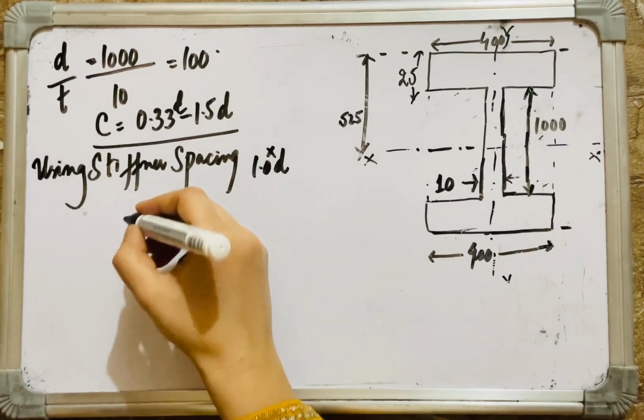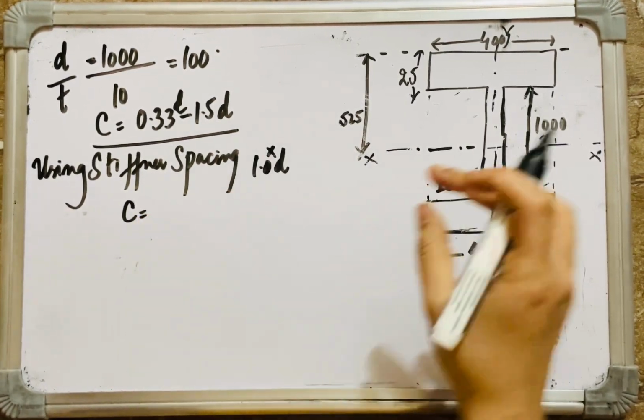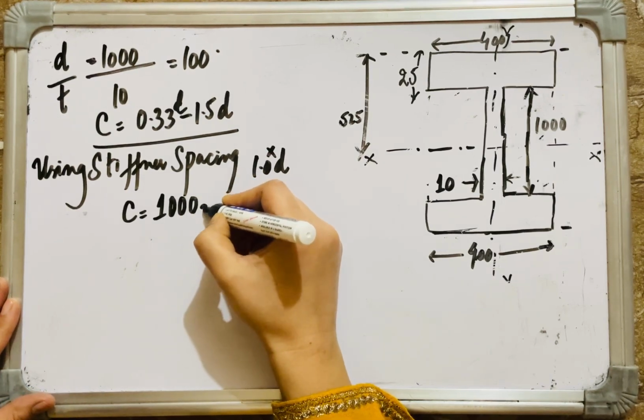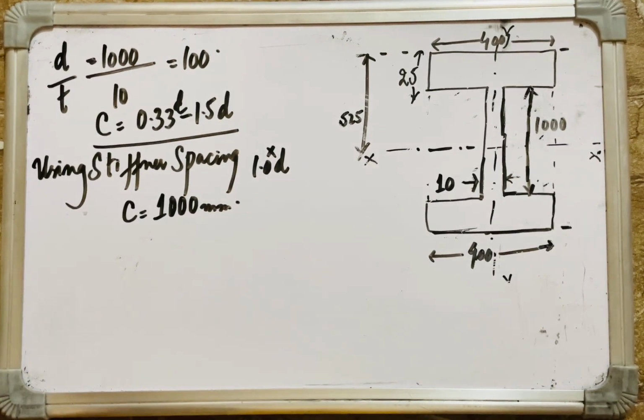That is how much? 1000 mm is the d. So I chose my stiffener spacing to be d.